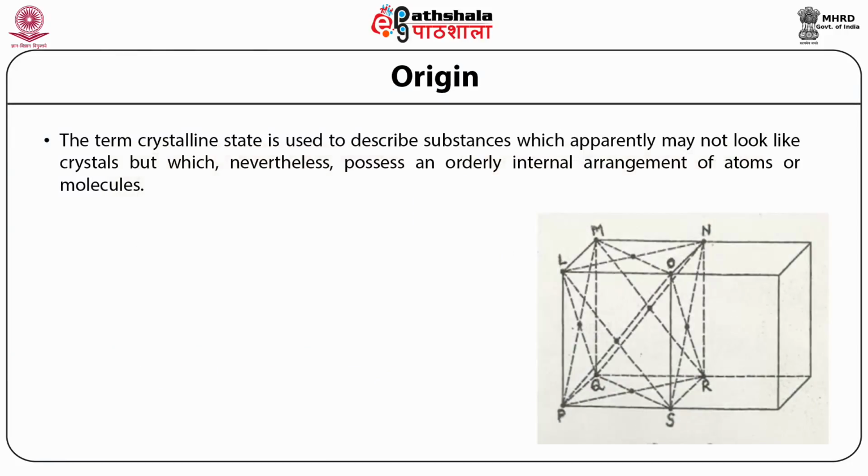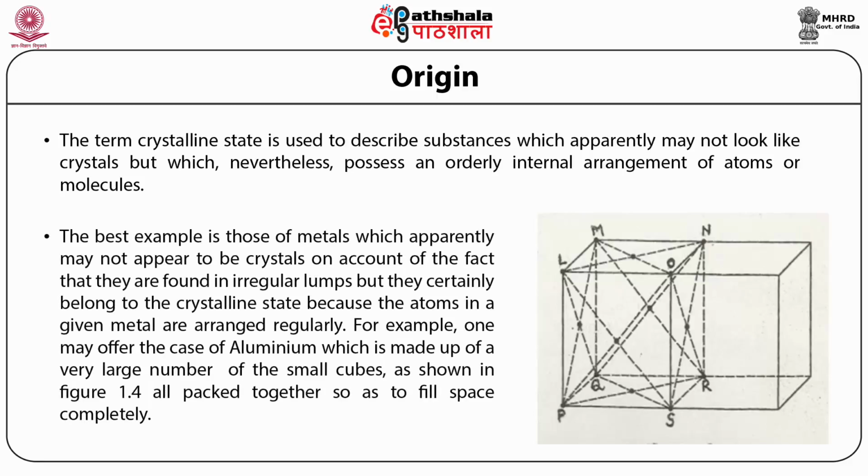The term crystalline state is used to describe substances which apparently may not look like crystals, but which nevertheless possess an orderly internal arrangement of atoms or molecules. The best example is that of metals, which apparently may not appear to be crystals on account of the fact that they are found in irregular lumps, but they certainly belong to the crystalline state because the atoms in a given metal are arranged regularly.